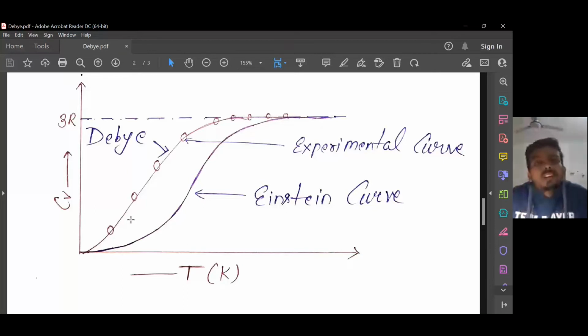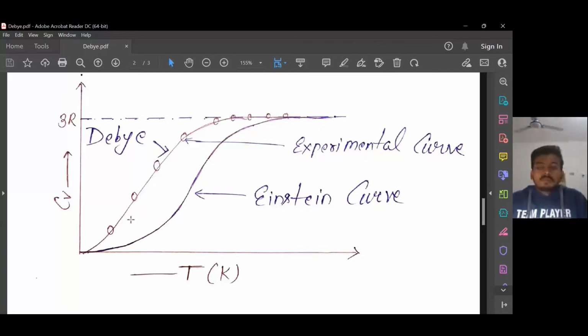Now this Debye temperature in this Debye model, that is θD, that is hνD/kT, is also assumed to be independent of temperature. But in reality, even the Debye temperature is dependent on temperature, and here the Debye model fails in that respect.